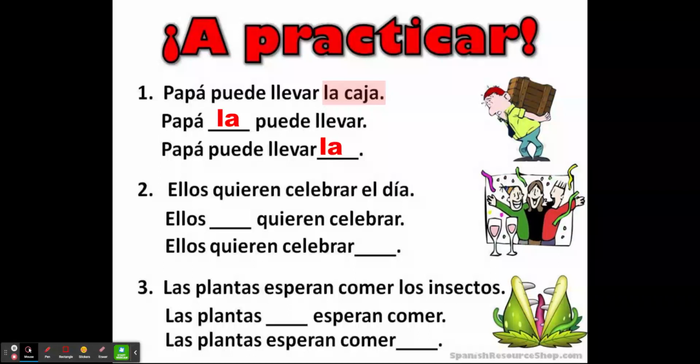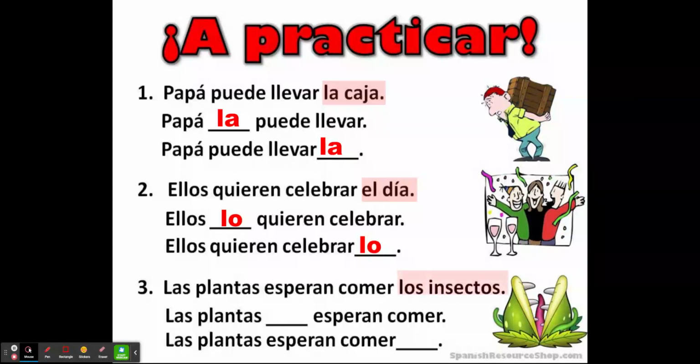Muy bien. Ellos quieren celebrar el día. Ellos lo quieren llevar. Now, remember, el día, when you have this definite article, el día, you don't use el. You use lo. And now the second form, you are making a new word. Ellos quieren celebrarlo.